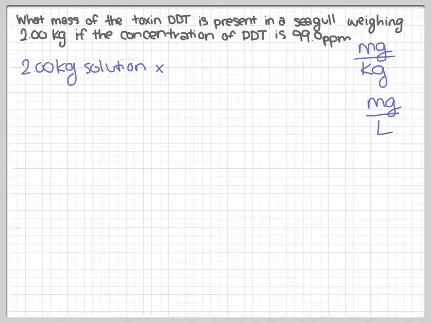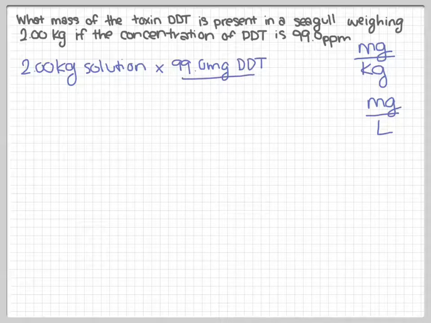So we've already taken care of the times 10 to the exponent 6 by changing these units. So that 99 parts per million, that means that there are 99 milligrams of DDT in 1 kilogram of solution.